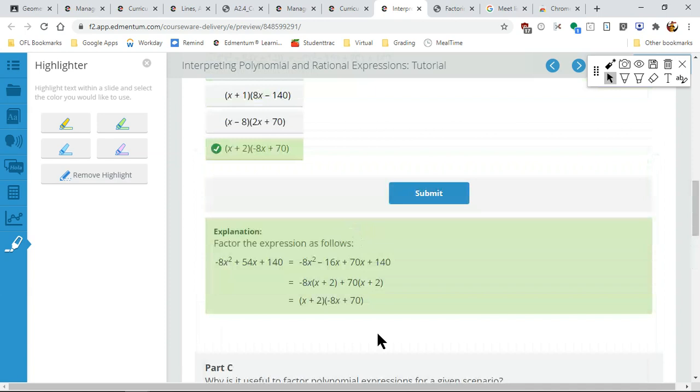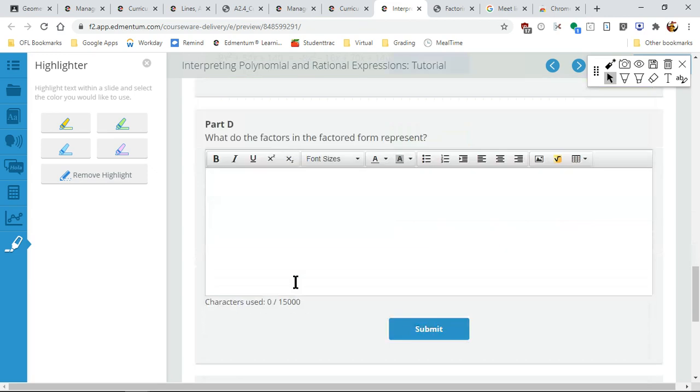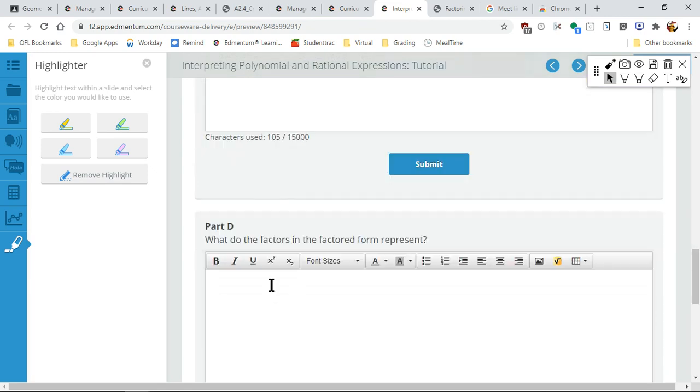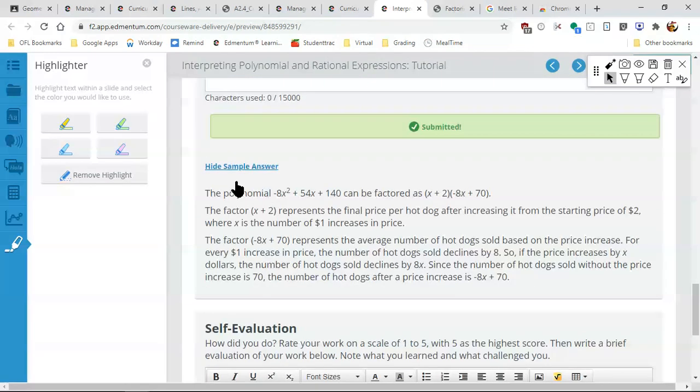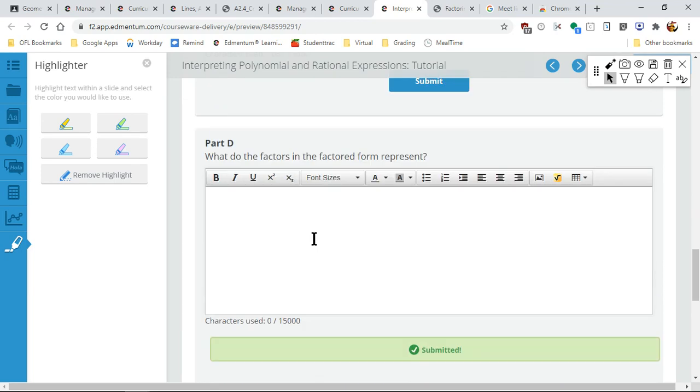The price that we originally had, it's going to start decreasing by this. So, what do these factors represent? As we look here, this factor represents the final price of the hot dog. So x plus 2 represents the price of the hot dog.